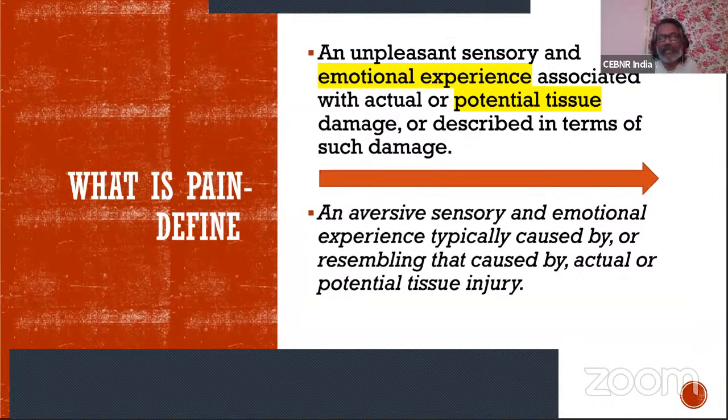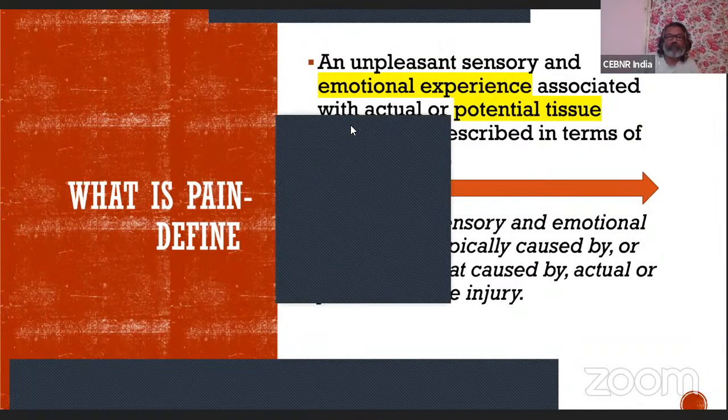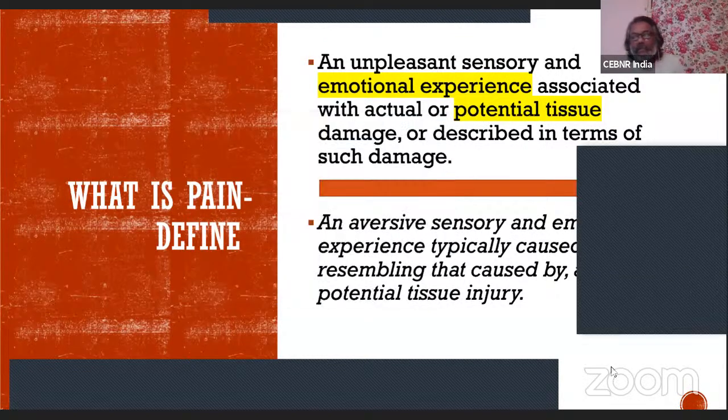You can just enter in your chat what part of the brain has to be activated if it is to be a sensory experience. Right. So anybody else? Okay, I think the answer is fairly simple. It has to go to the somatosensory area, right?